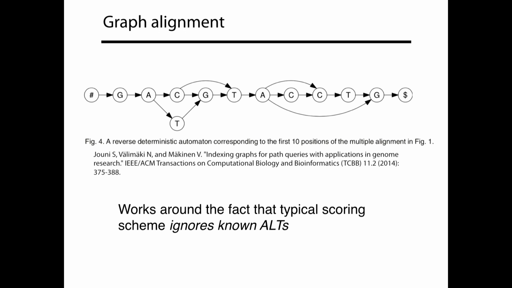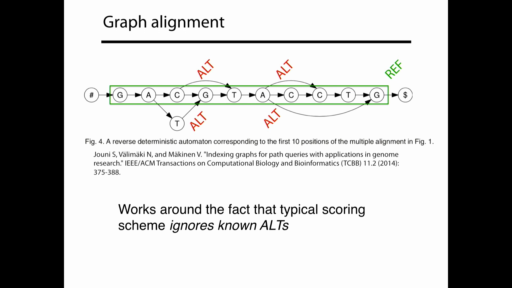So for example, this diagram that you see at the top, which is a figure from a paper that I think Christina Boucher is going to talk about a little bit later as well, has basically a sort of backbone which represents the reference sequence, and then it's got a few sort of diversions and auxiliary paths that correspond to alternate alleles that are present in the population. And these things can be formed and indexed and aligned to.